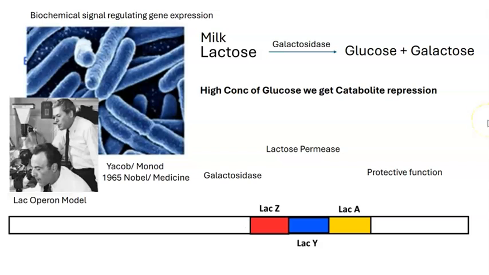If we look for a biochemical signal to regulate gene expression, then the one that we're going to look at here is the regulation of genes which break down the milk sugar lactose.